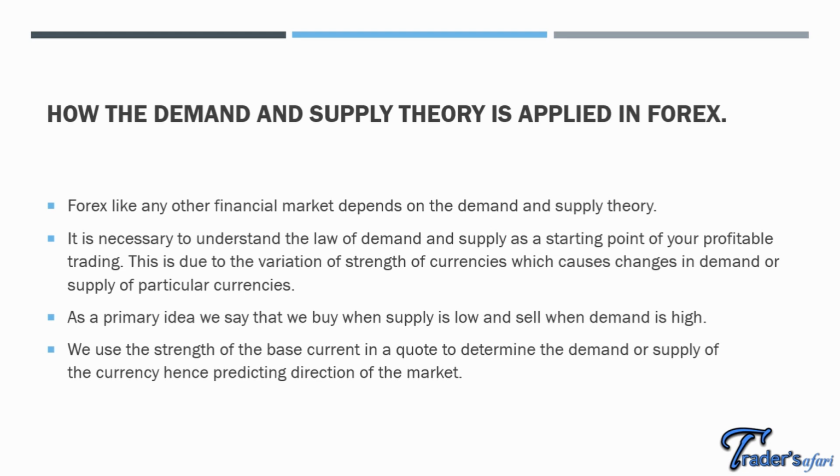We use the strength of the base currency in a quote to determine the demand or supply of the currency, hence predicting the direction of the market. So now that you know what demand and supply is, we use it as bulls and bears in forex, and we use it to determine which currency is stronger than the other, so that we can determine the direction of the market. So let's go to the next slide.